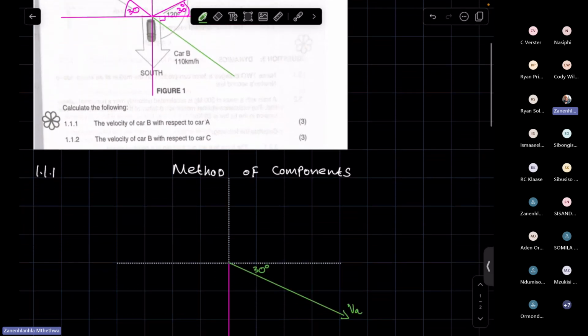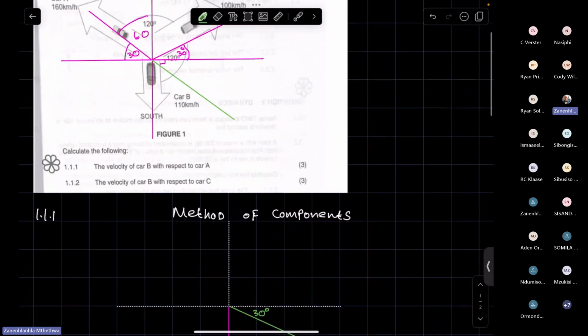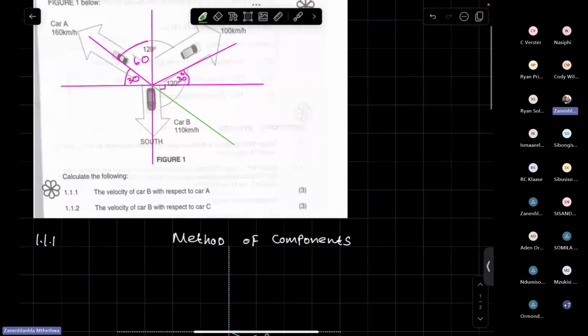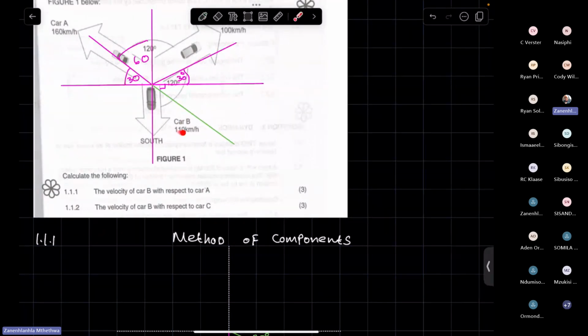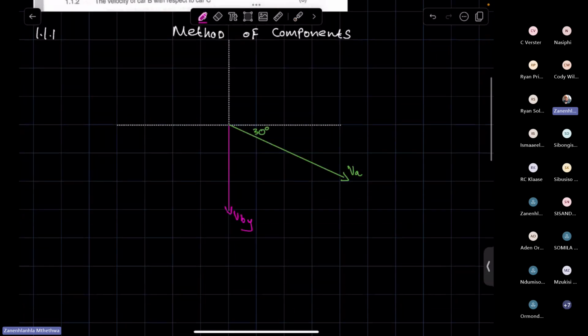Now, if you look at the vector for car B, car B, they said, is going at 100 kilometers per hour, right? This is going at 100 kilometers per hour. That means essentially VB is 110 kilometers per hour, right?